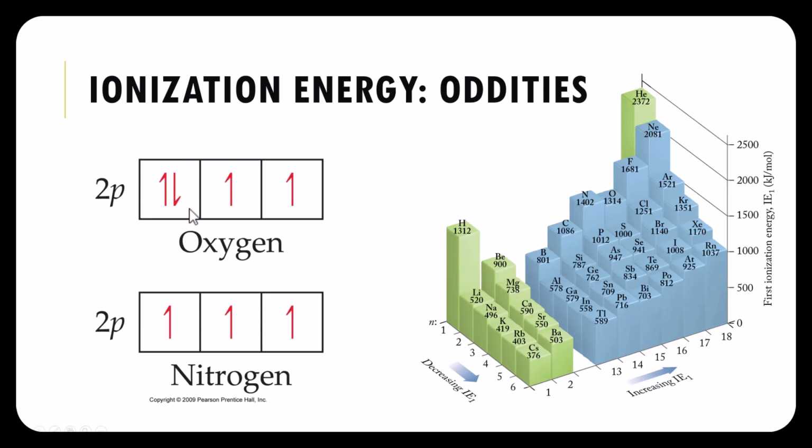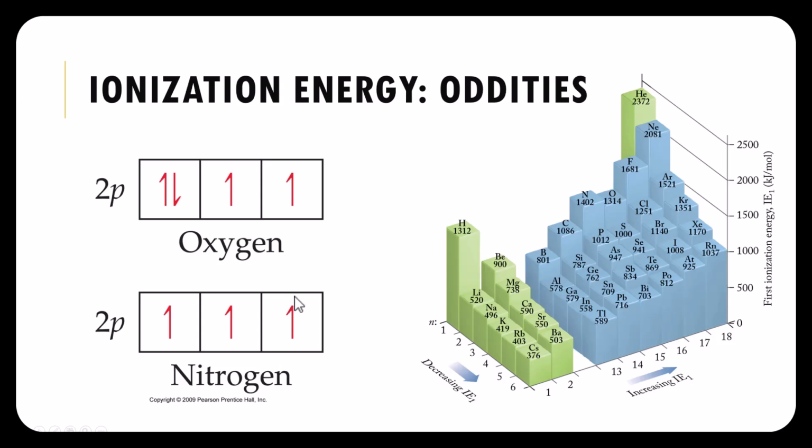So this electron right here, remember these are both negatively charged particles. They're residing in that same orbital, that same kind of living space, and they're going to be repelled by one another. So it turns out that it's actually a little bit easier to take this paired electron than it would be to take this unpaired electron.